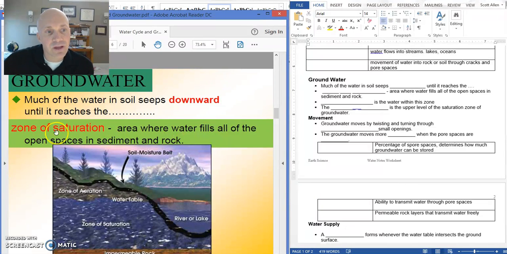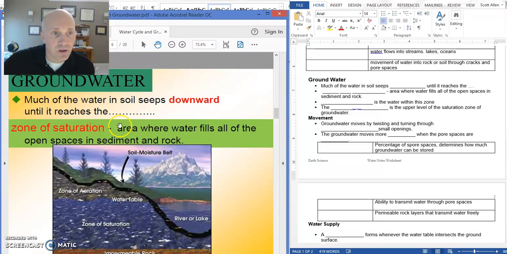One way that you can think about the zone of saturation is to think about a glass container containing a lot of sand. If you took that sand and poured some water into it, you'd notice that the water you pour into the sand is going to seep downward between the sand particles, and keep on seeping downward until it reaches the bottom of your glass container.